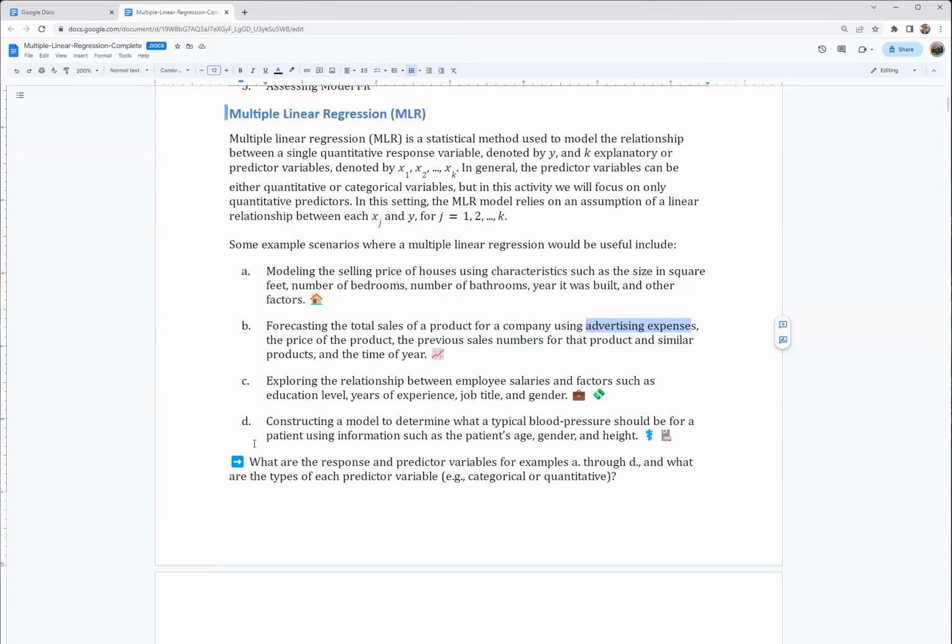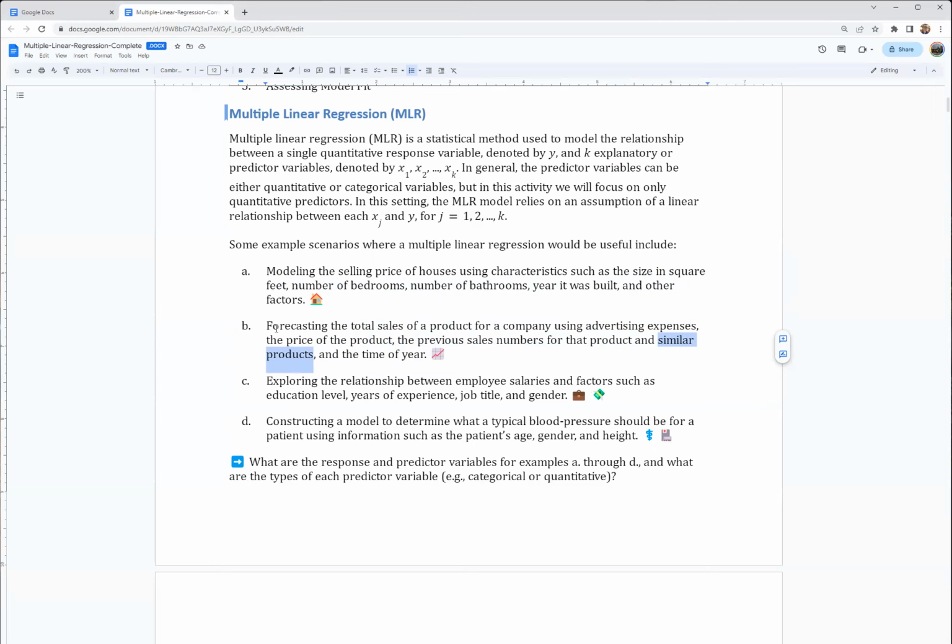Maybe you sold this product in a previous year, maybe it's like a seasonal thing, and so you can use previous sales numbers to try and forecast that. Or maybe you didn't, but you had a similar product that was previously sold, so that might be a good predictor to include in the model to help us explain or predict how much our new product will sell for, and then perhaps time of year.